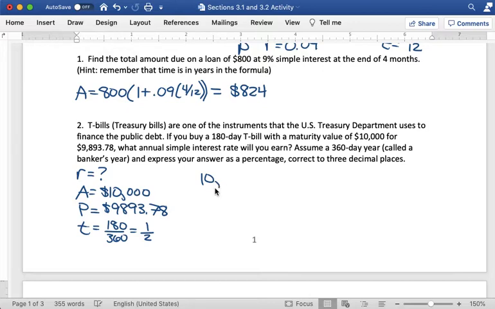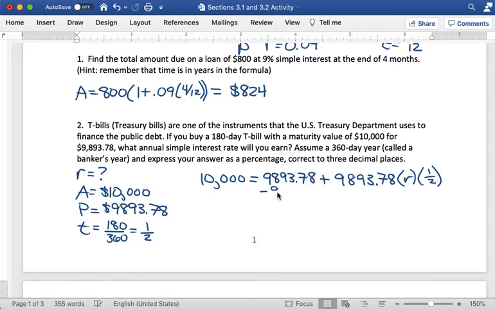So $10,000 I'm plugging in for A equals P, 9893.78, plus P again, 9893.78 times R times 1/2, or 0.5.